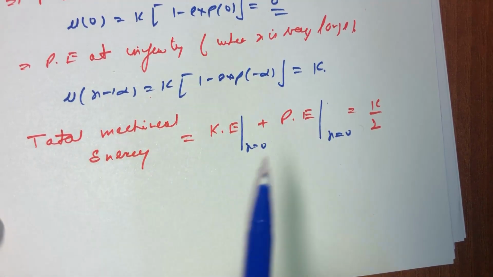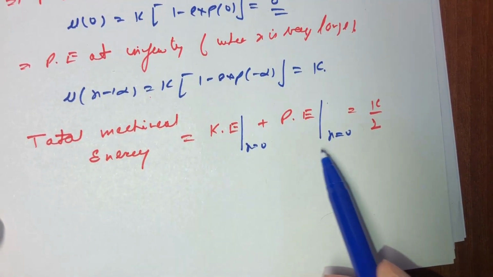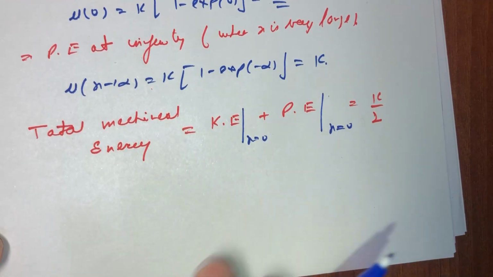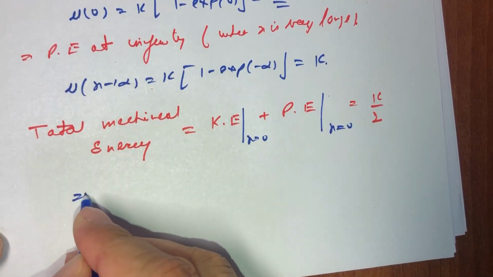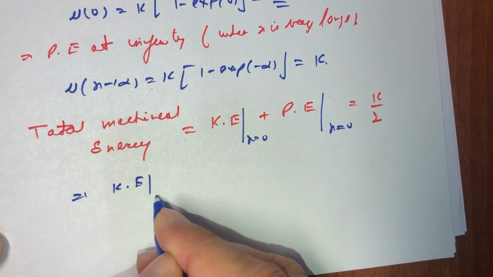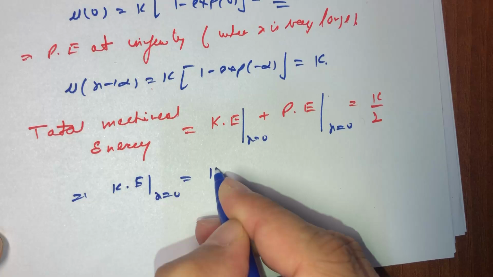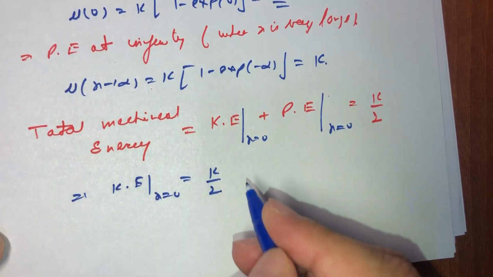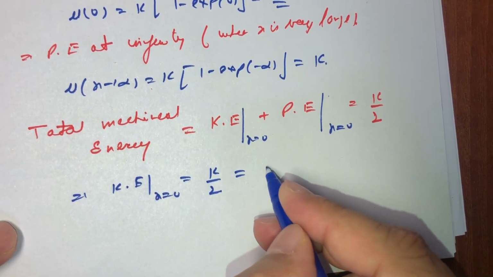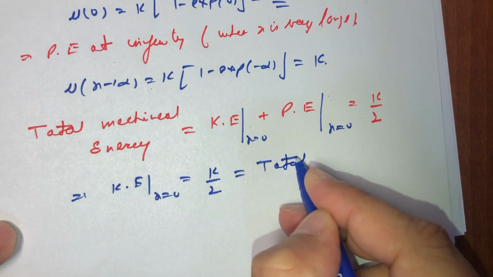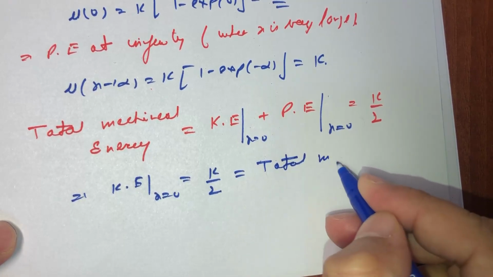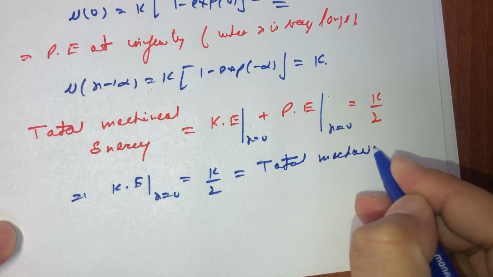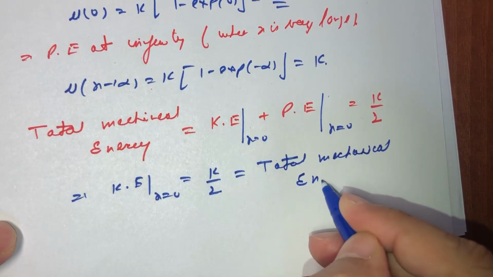And we just found out that the potential energy at the origin is equal to 0. Therefore the kinetic energy at the origin will be equal to K by 2, and this is equal to the total mechanical energy.